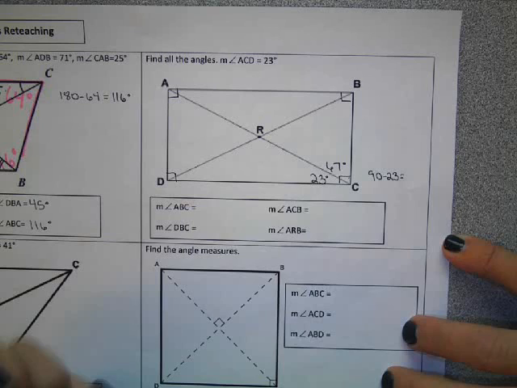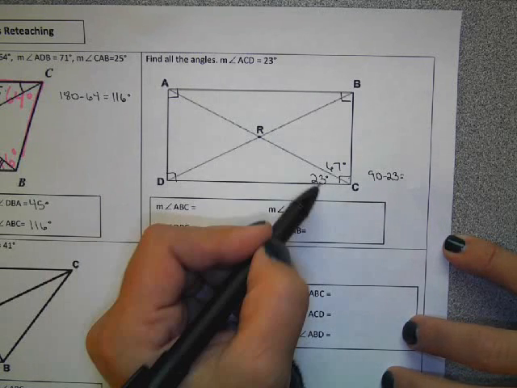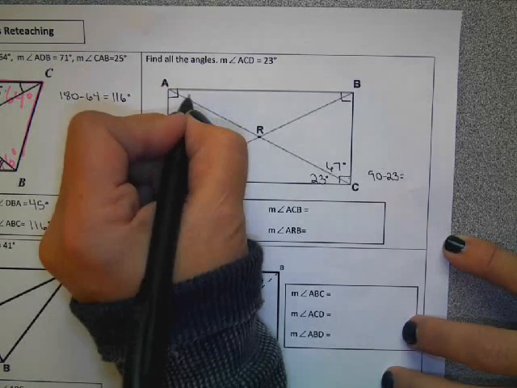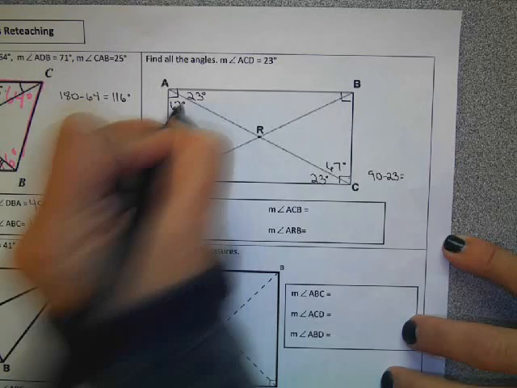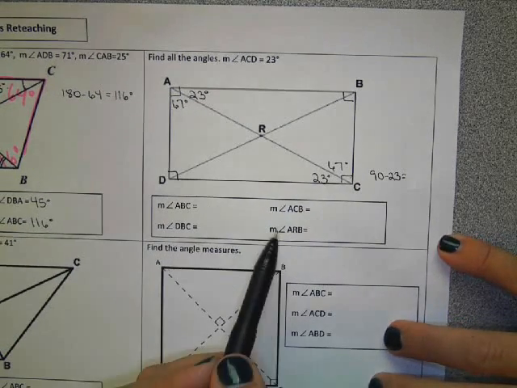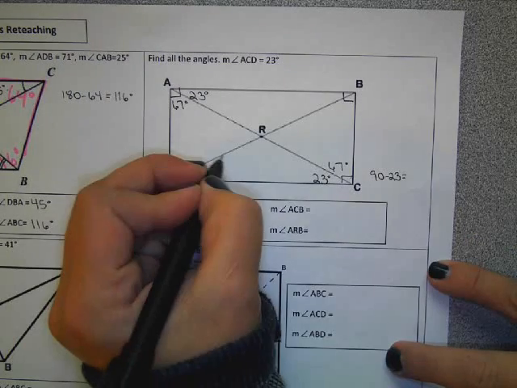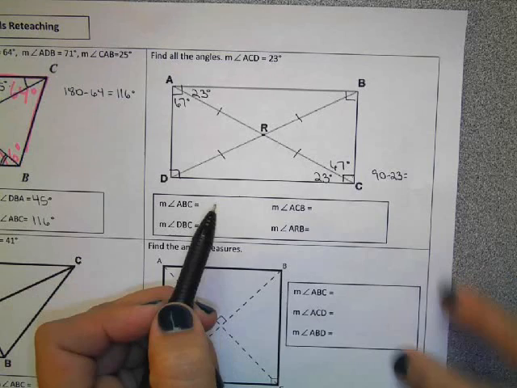Then these two angles, alternate interior, so I can go alternate interior, 23 in this corner, 67 in this corner. And then we need to remember that since the diagonals of a rectangle are congruent and bisect each other, these are isosceles triangles.